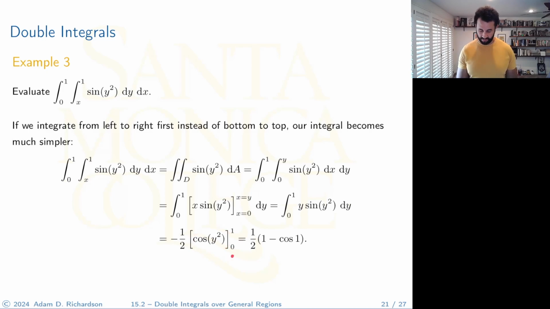Now we evaluate from y equals 0 to 1, simplify a tiny bit, and we get this. All right, there we go. So this is one of those situations where changing the order was kind of necessary. The idea here is when you do change the order, you've got to re-explain to the integral how to properly scan. It's not going to do it on its own. You got to tell it how to do it.